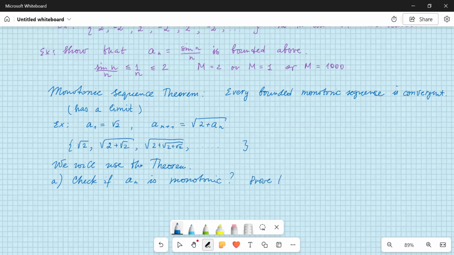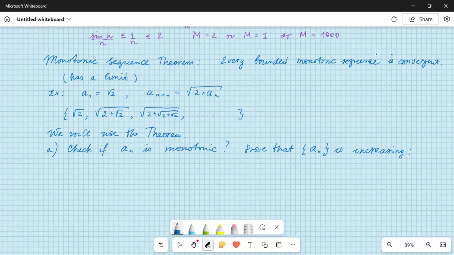Prove that a_n is increasing. That's what we're going to show, right? Increasing means that the next term of a sequence is going to be greater than the previous term of the sequence.